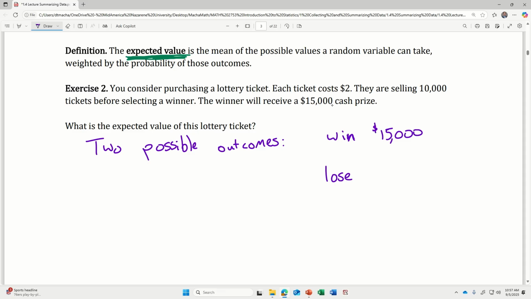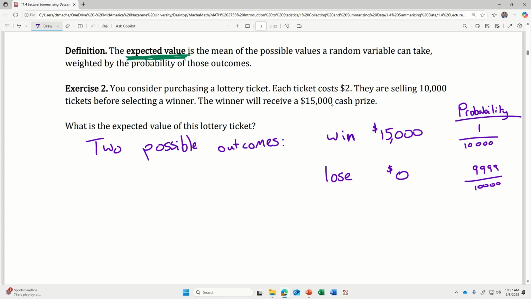But the probability of winning is only 1 in 10,000. If we're going to lose, we get $0, and the probability of losing is 9,999 over 10,000.